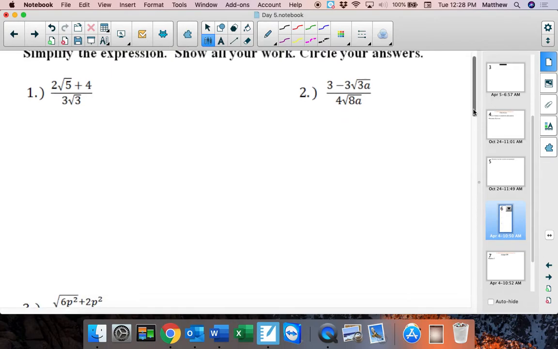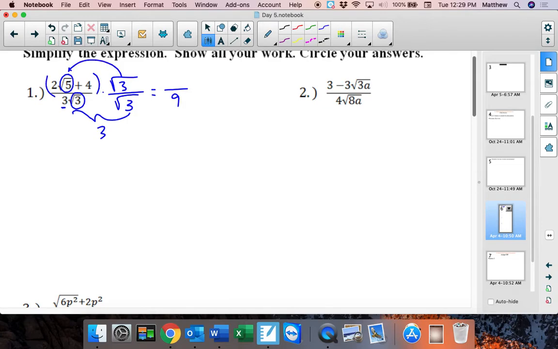Looking at number 1, again, same questions. Root 5 and root 3 are both simplified. So I'm going to multiply by root 3 over root 3, rationalize just by doing the denominator. My new denominator is this 3 times this root 3 times root 3, which is 3, which gives me 9. And then I need to distribute my numerator.